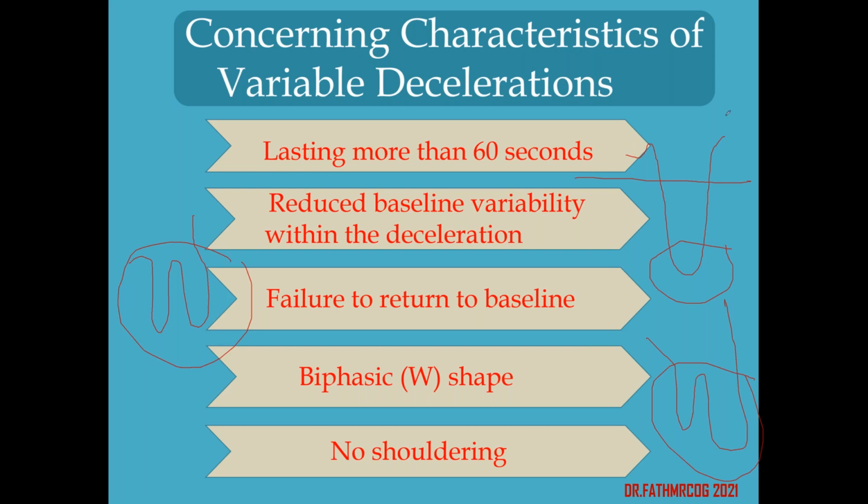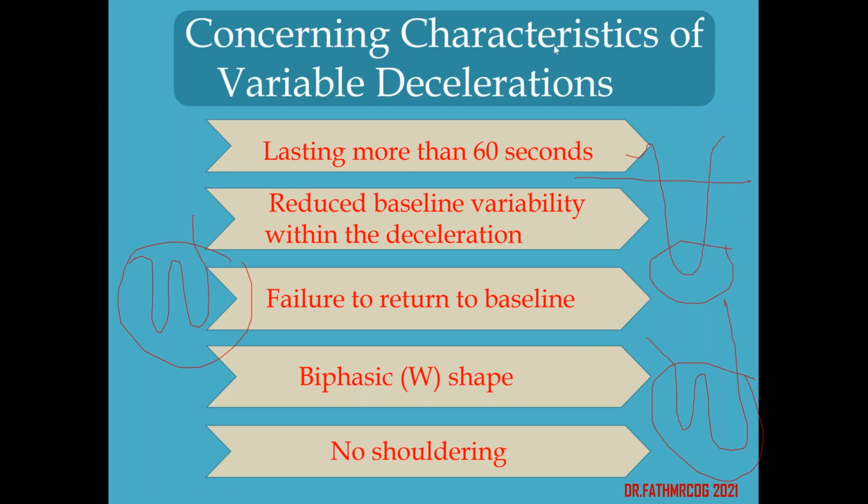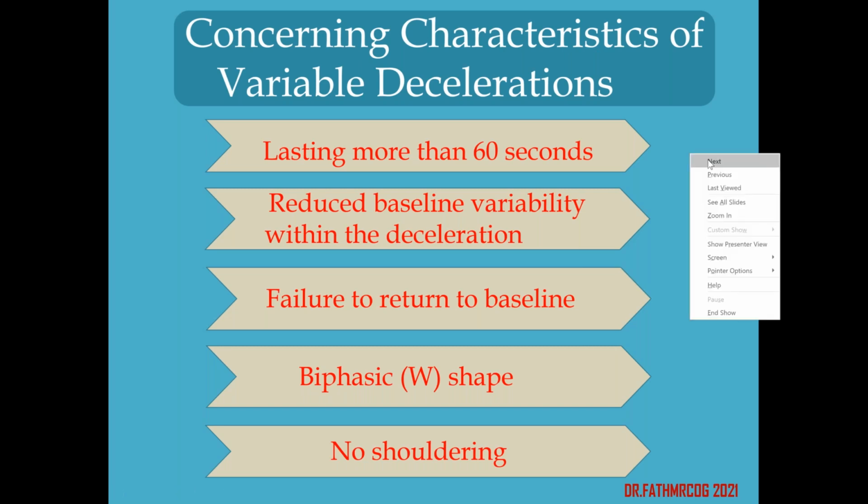Before the deceleration the baseline was around 150. After the deceleration it comes back, but not to 150, to 120. Both baselines are considered normal, but after deceleration it's less than the first one. Okay, I got the point. Inshallah, we'll discuss it later because we have a lot of questions. We'll open the discussion after the end of the lecture.